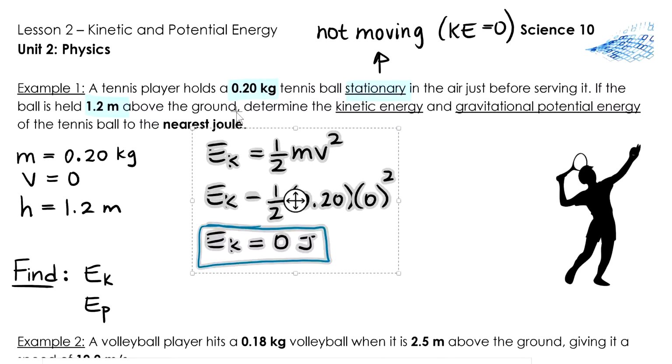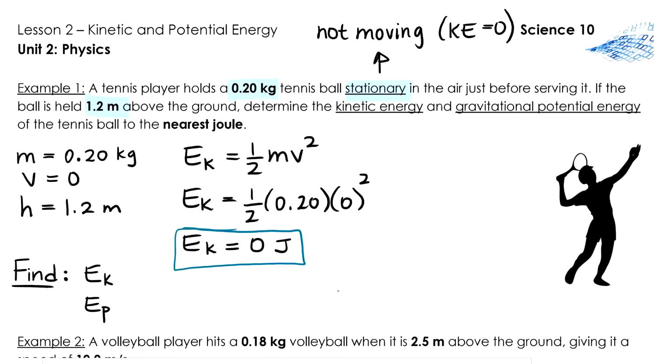I'm also going to move this over a little bit so that we have space for potential energy. Okay, what's our formula for potential energy? EP equals mass times gravitational acceleration times height. Let's substitute in the numbers that we know. The mass is 0.20 kilograms. And now I'm running out of space because of my picture of the tennis player.